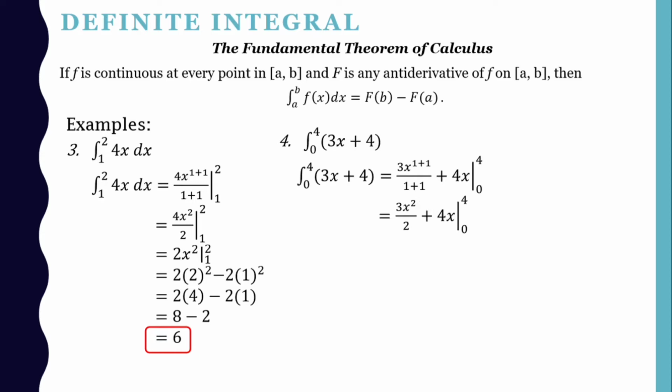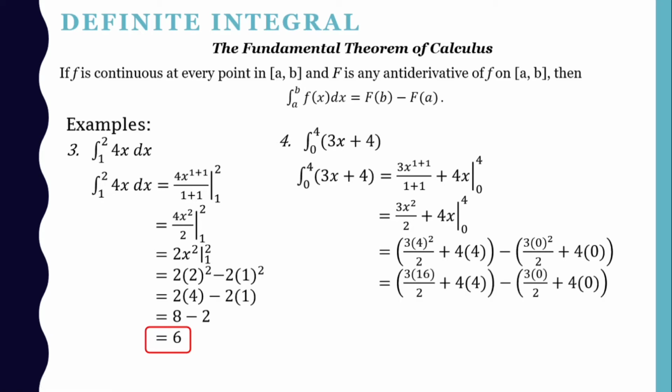So simplify, that's 3x squared over 2 plus 4x. Again, we substitute 4 first minus the answer when we substitute 0. So that's 3 times 4 squared over 2 plus 4 times 4 minus 3 times 0 squared over 2 plus 4 times 0.